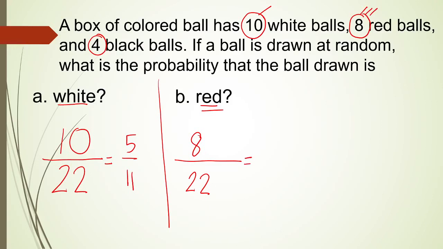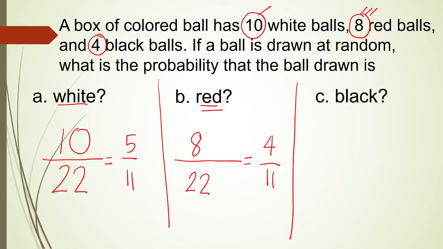Divided by 2 again. 4 over 11. Okay, let's have another problem. What about a black ball? Okay, that's correct. And divide this by 2, you'll get... There you go. What if, I'm giving you a lot of problems already.